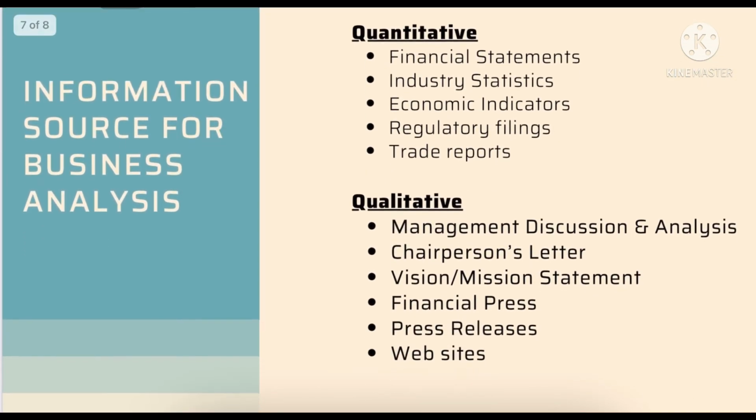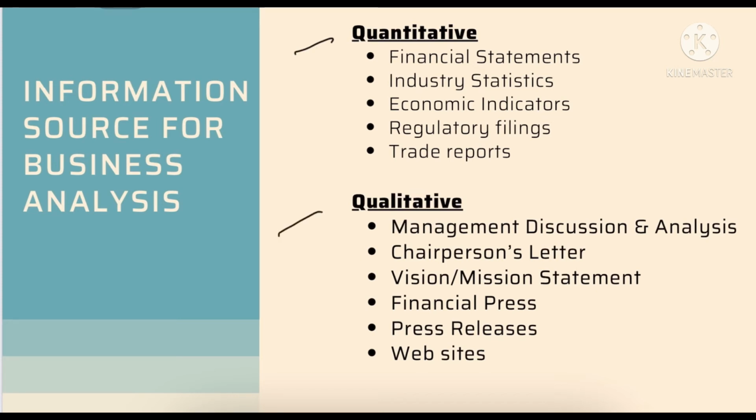So next, let's have a look at the information sources for business analysis. What are the sources of business analysis? It can be divided into two sources, the quantitative source and the qualitative source.